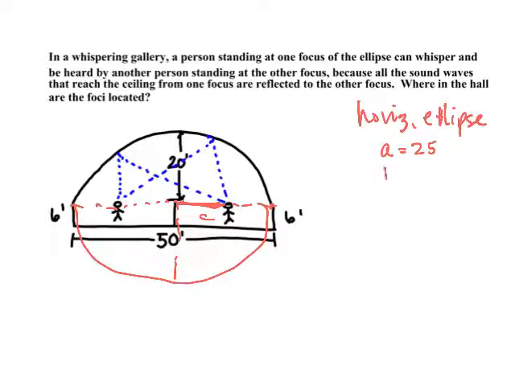And b is 20 feet. You really don't have to worry about this 6 feet because it's just kind of saying that's where the people are talking, kind of like their height or to their mouths, where they would start their whispering. So you can pretty much ignore that, and b, which is the distance from the center to the co-vertex, is 20.